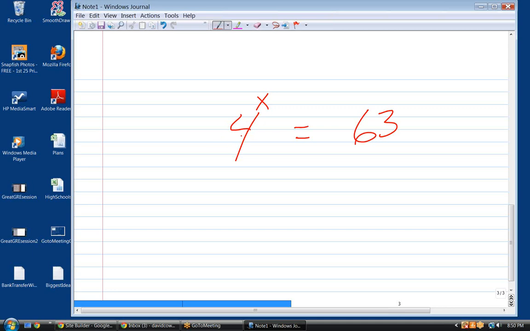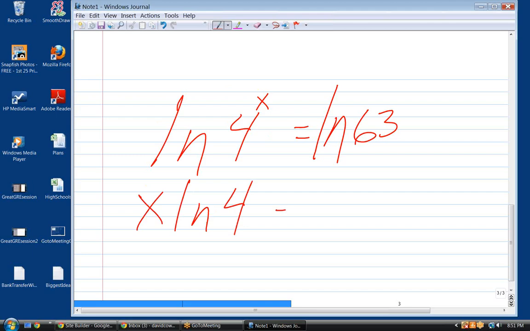Well, some people might use log base 4, but that only presents problems because then you have to use a change of base formula and everything else. So I always just use natural log. The ratio will end up being the same anyway, but you have to do it on both sides. The beauty of that is it allows you to bring the x down on the algebra line. And now I got it solved.